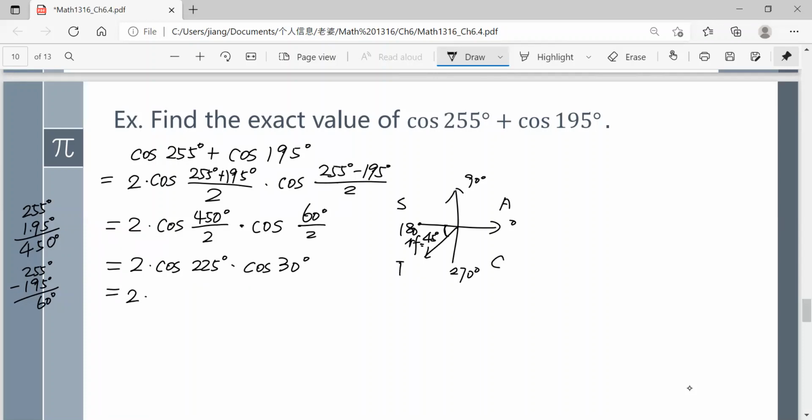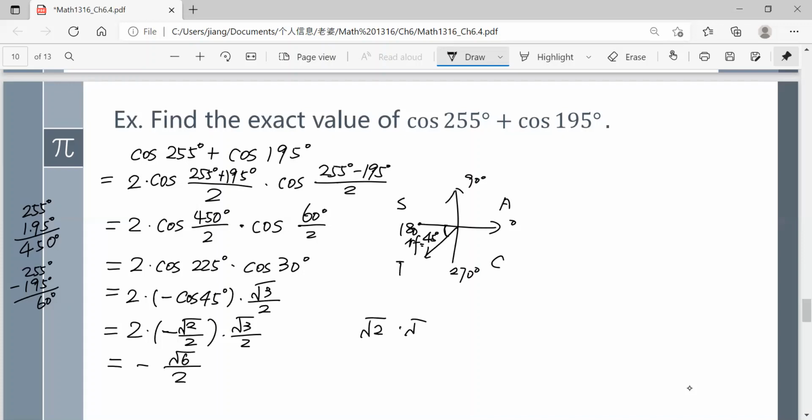That means 2 times negative square root of 2 over 2, don't skip the steps, that's cosine 45 degrees, times cosine 30 degrees, that's square root of 3 over 2. And 2 times negative square root of 2 over 2 times square root of 3 over 2 equals negative square root of 6 over 2, because root 2 times root 3 is square root of 6.